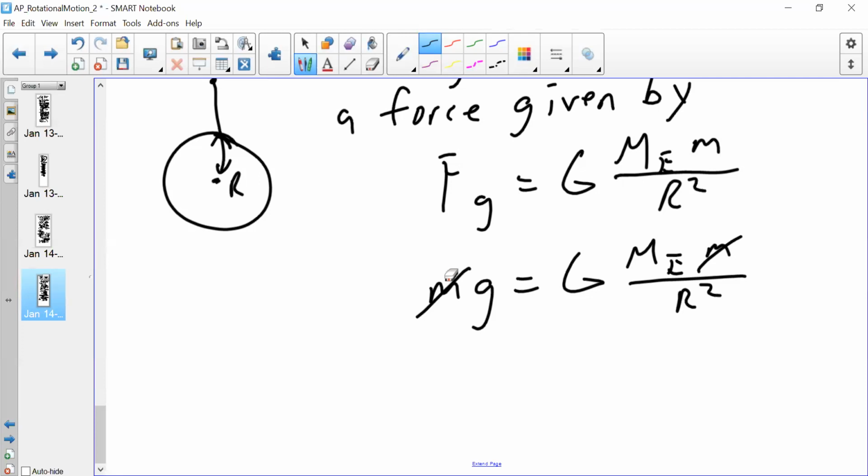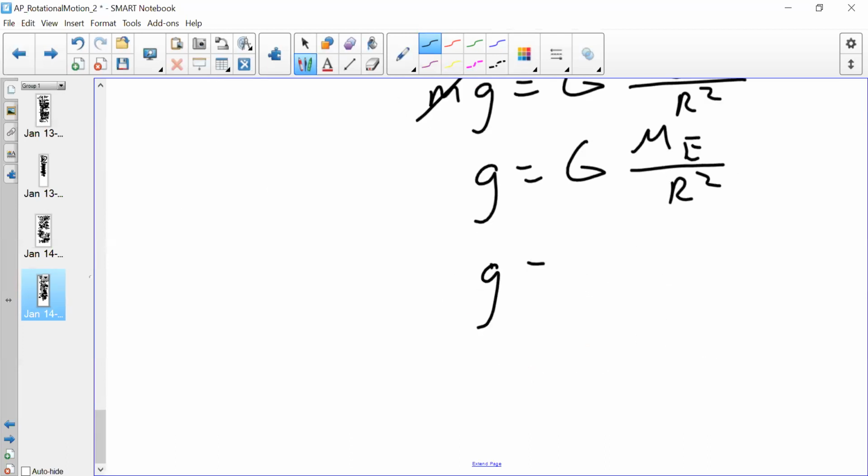And obviously it's going to be the same the opposite way, because the field is non-respective of mass. So g equals G ME over R squared. So you can get the gravitational field on the Earth by knowing the mass of the Earth. You can get the gravitational field on Saturn by knowing the mass of Saturn, or whatever case may be.